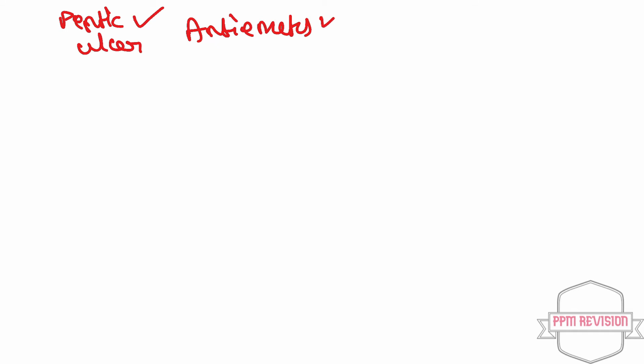Next, we were done with 2 as of now, so let me just write it down. Peptic ulcer is done. Next we also are done with antiemetics. Okay, this is also done.